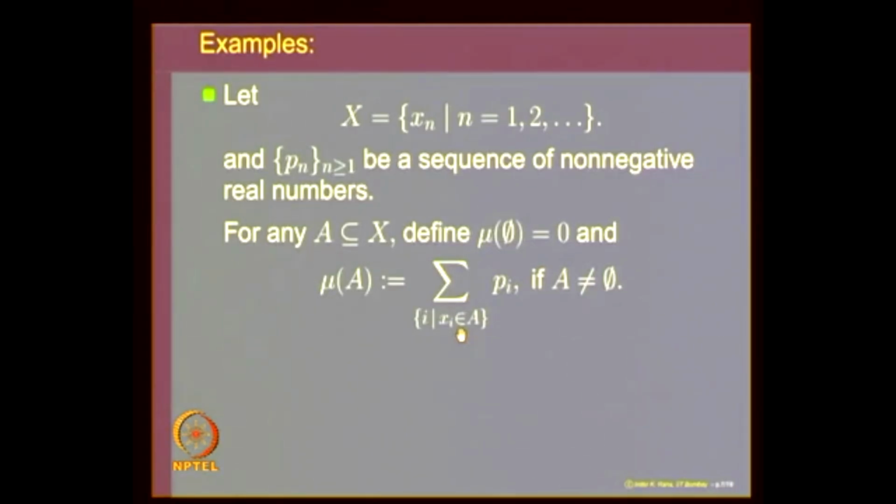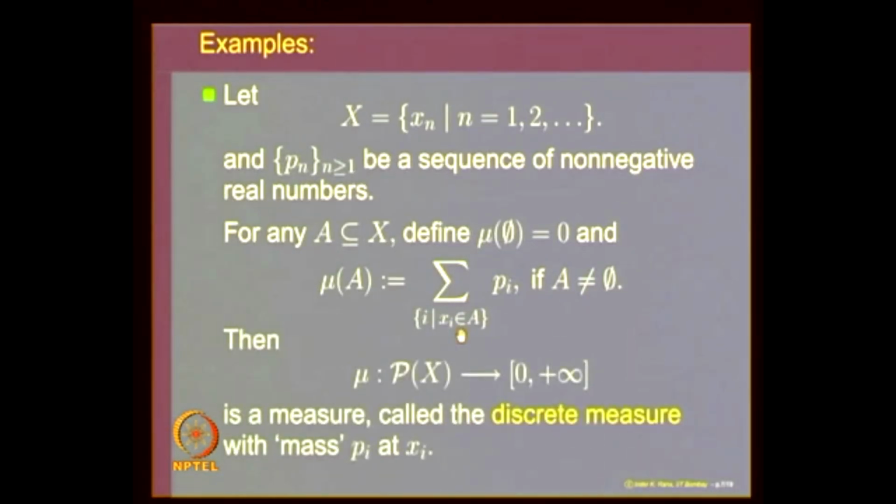We want to check that this is a measure on the collection of all subsets of the set X. Well, that is quite obvious because mu of the empty set is defined to be equal to 0, and let us observe that if A is a singleton set, then mu of the singleton set is going to be the number p_i.